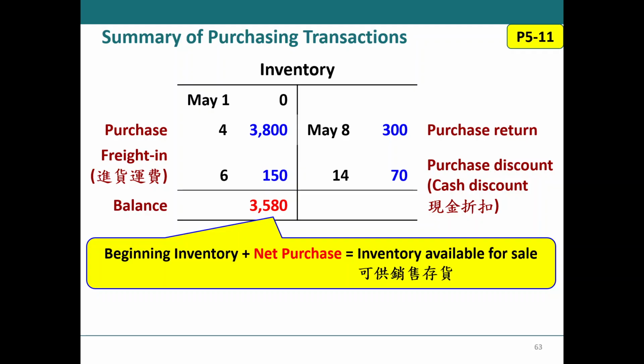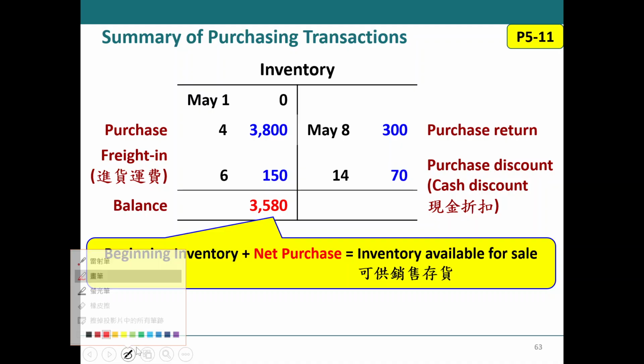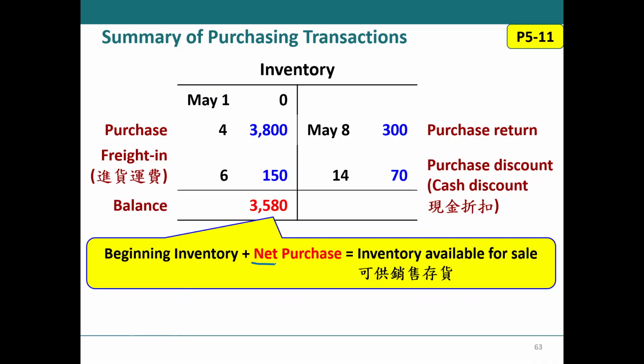So then purchase, what does it mean? Remember, always when we find net, it means what? Means net amount, right? 净额. Net amount means something minus something, right? In this case, we talk about net purchase.